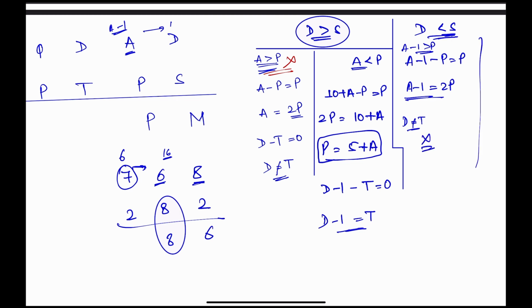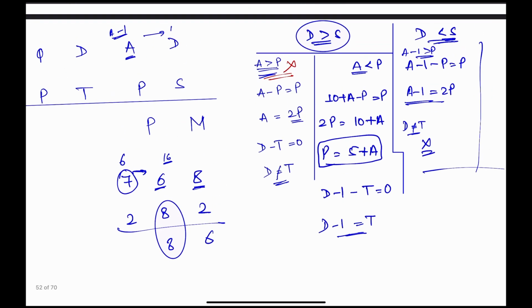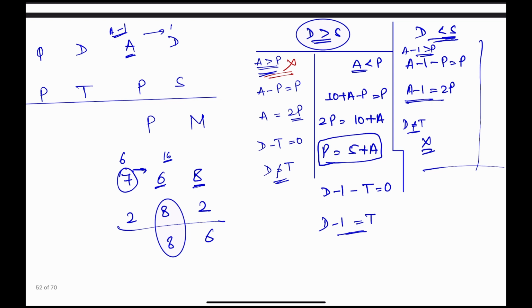So again, what could be the other condition? The other condition could be that 1 will be coming as carry over here. So 10 plus a minus 1 minus p equal to p. With this, what I am getting is 9 plus a equal to 2p, right? 9 plus a equal to 2p.